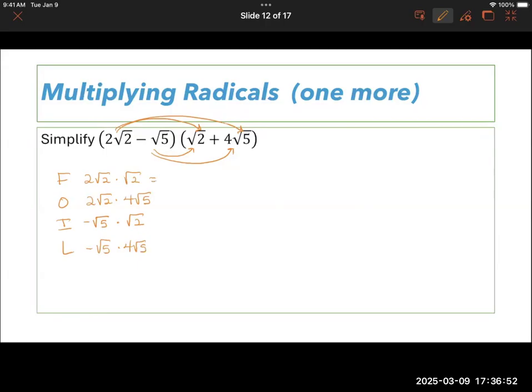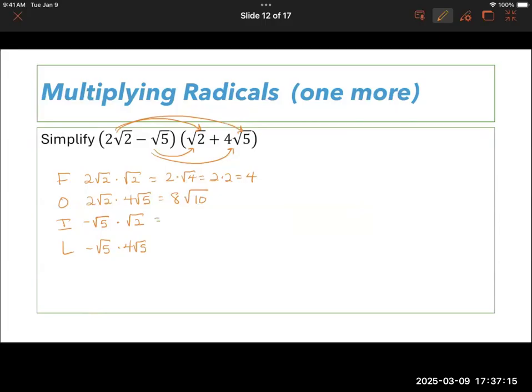So if we take root 2 times root 2, we're going to get a root 4, which is just 2. So F is going to give us 4. In the O, we're taking the 2 times 4 to get 8. And we're taking the 2 times the 5 inside the radicals to get 10.